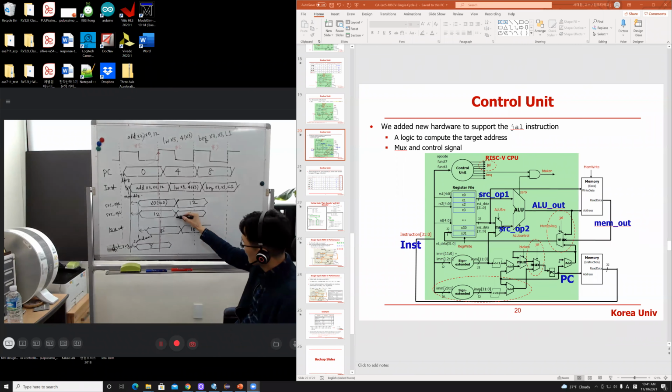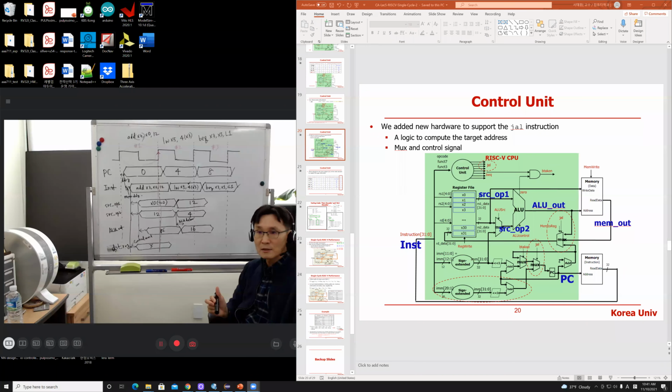So after the ALU delay, I'm drawing this very carefully. Then based on that memory location, memory will be accessed.